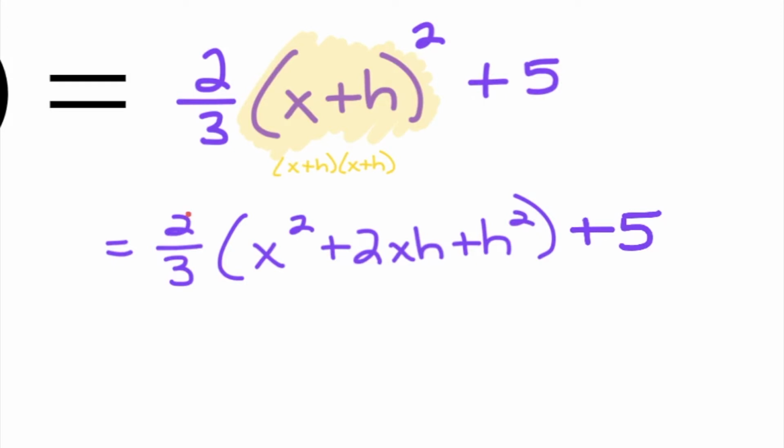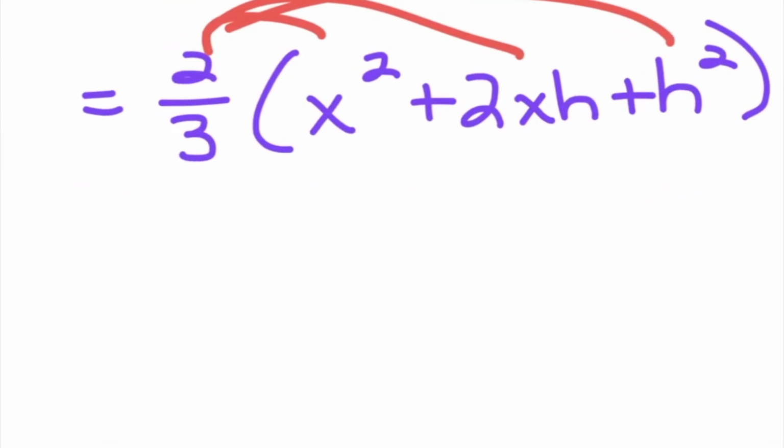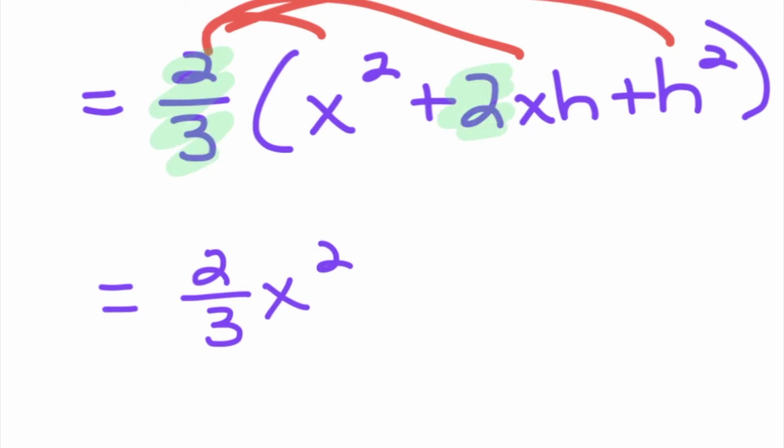And when you compute that, you have to distribute the 2/3 across each of those three terms that you got when you FOILed it, and your answer will be ugly, but an answer nonetheless should be 2/3 x squared. And then careful with the 2/3 times the 2 here. 2/3 times 2/1 is going to be 4/3.